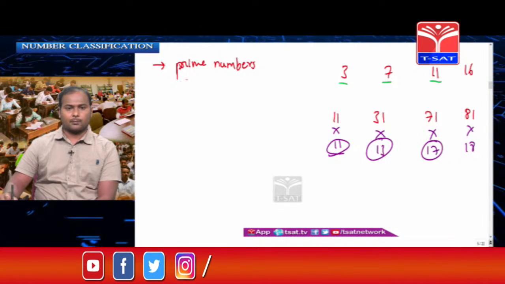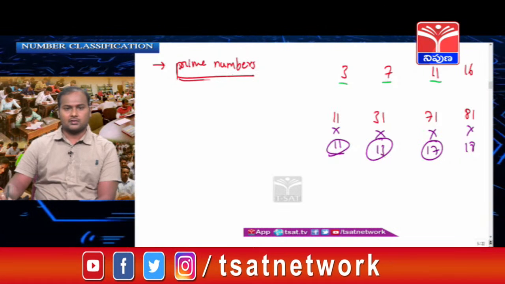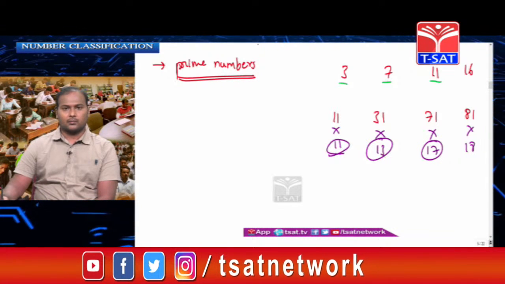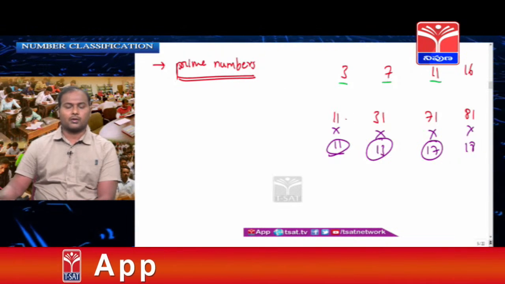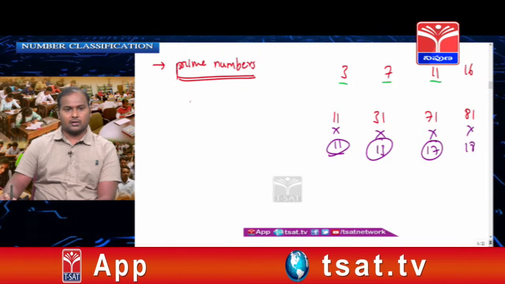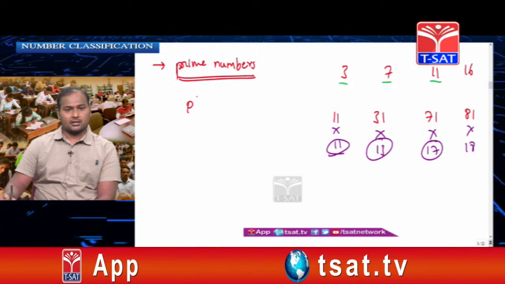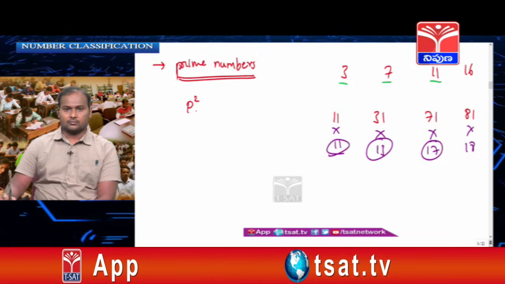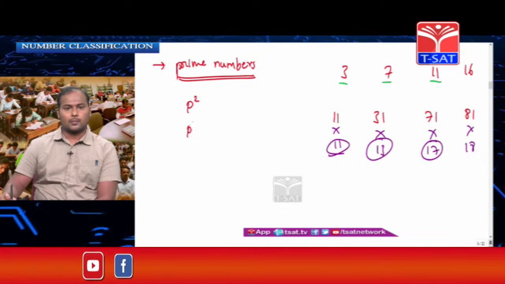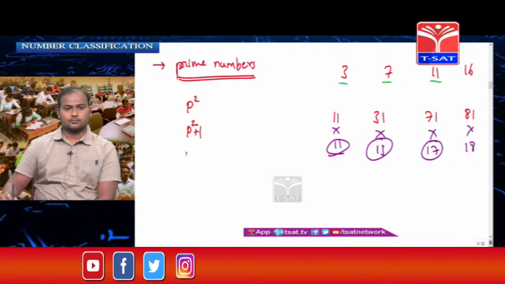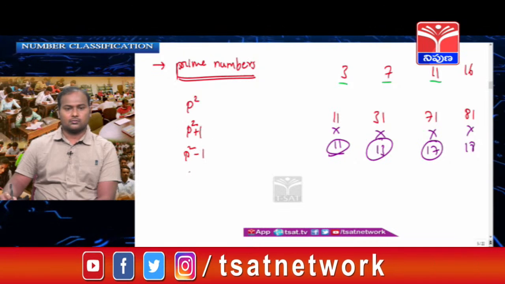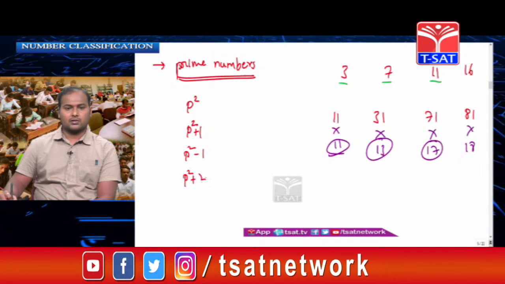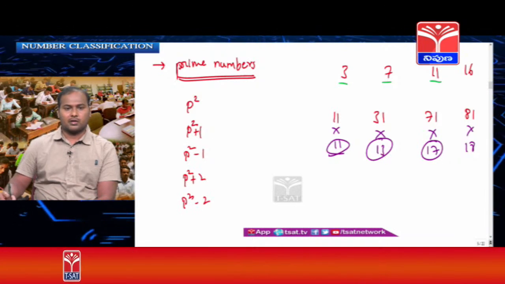So the moment you see prime numbers, what are the different possible questions? One is reversing of primes. The second, same here also, they may ask even prime square. This is also possible: prime square plus 1, prime square minus 1, prime square plus 2, prime square minus 2.